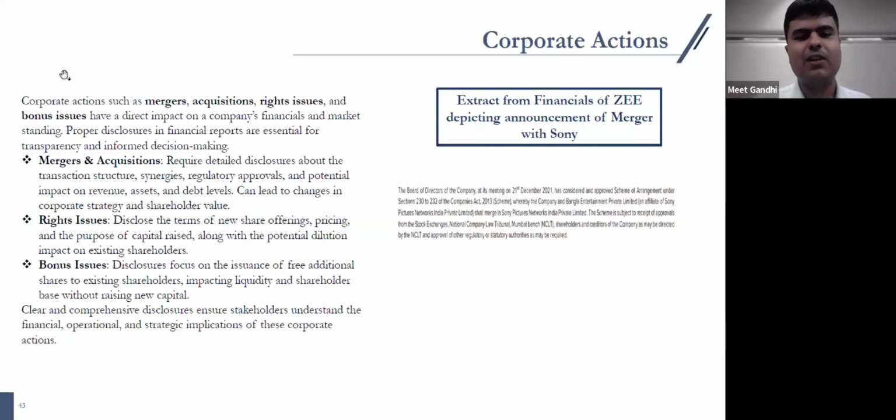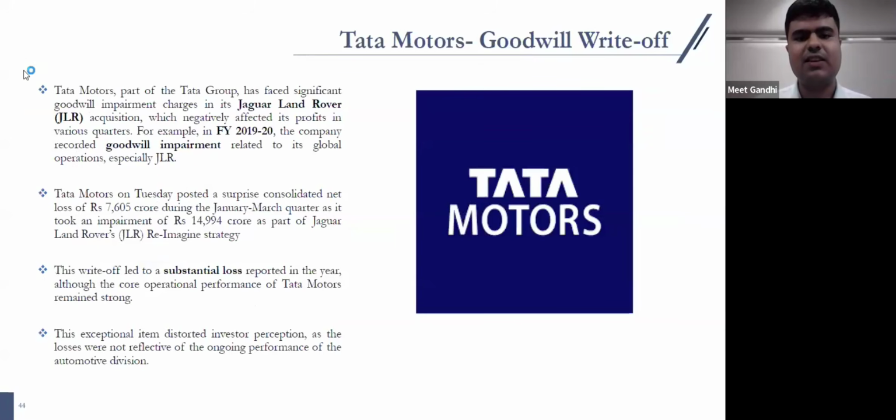Next, we speak about goodwill and exceptional items, such as the Tata Motors goodwill write-off. When they had acquired Jaguar Land Rover, in 2019 they impaired their goodwill. This goodwill was impaired on account of the Reimagine strategy, wherein the initial engines used by Tata Motors were reinvented, and Tata from then on started to focus more on EVs and new-age technology.